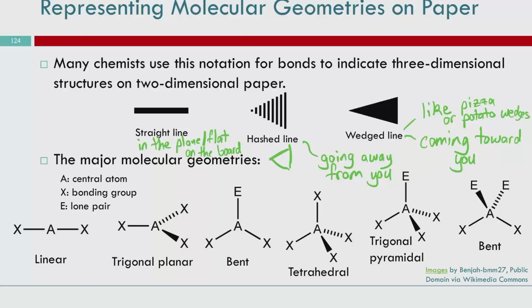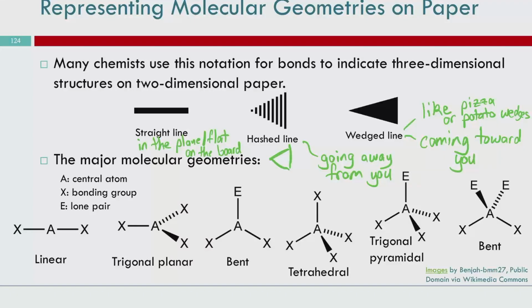So for example, in this trigonal planar example, we've got the x on the left. This one is flat. We've got this x with the wedge line and this x with the dashed or hashed line. So the wedged line is this one coming out towards you.